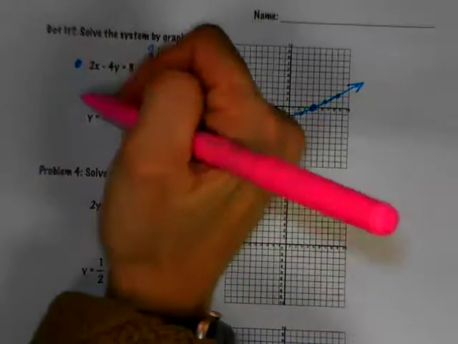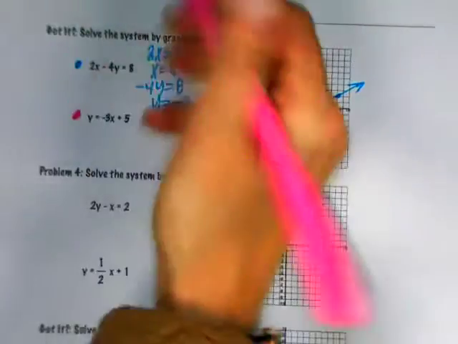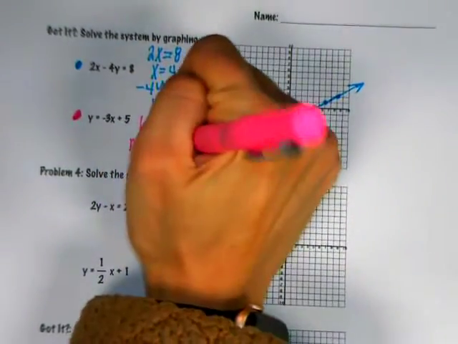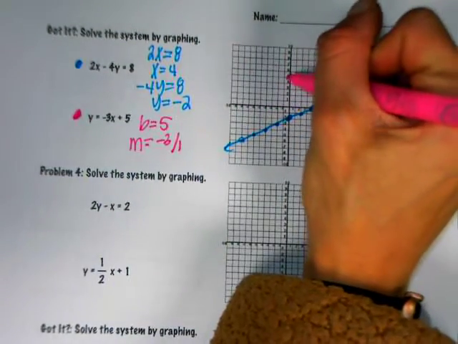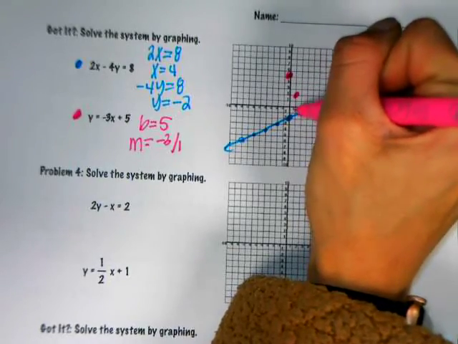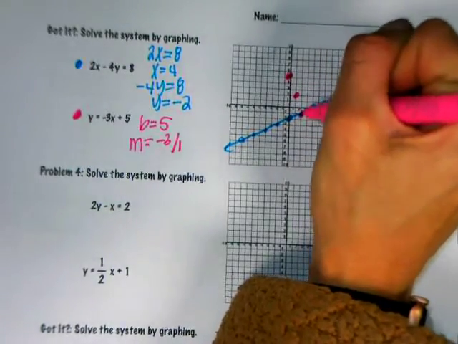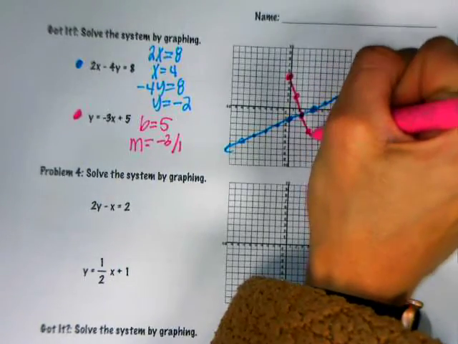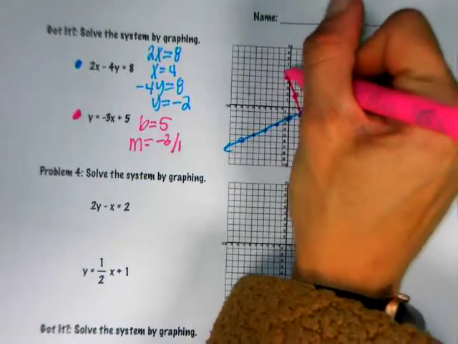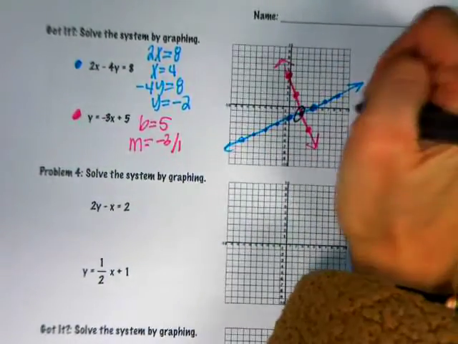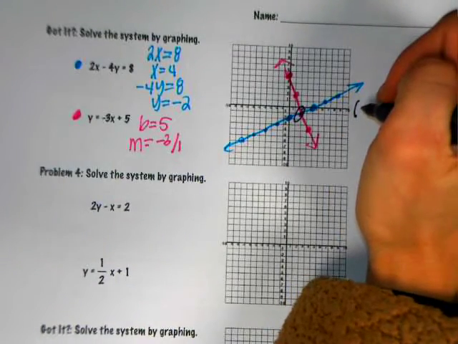The other one's in y equals mx plus b form, so what's my b? 5, and my m? Yep. Okay, so start up at 5, and then down 3 over 1. All right, so your solution looks like it's right there. Where's that at? 2, negative 1.